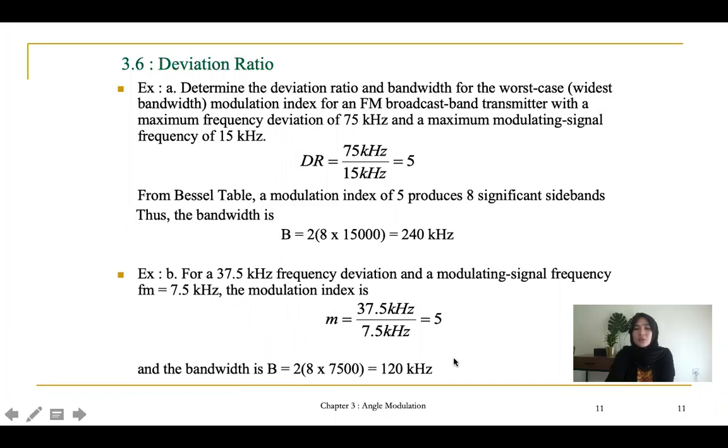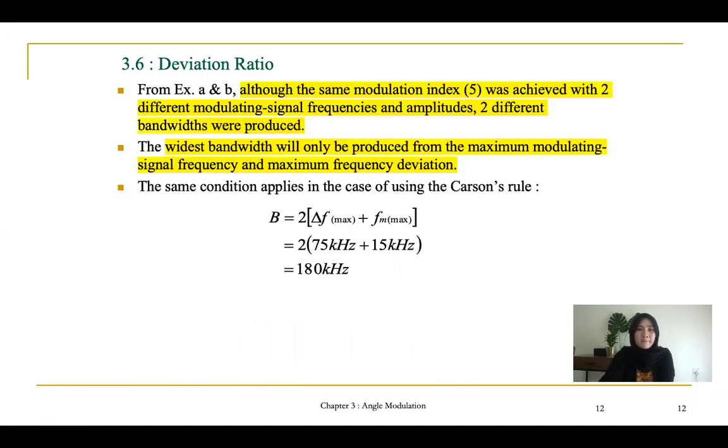Example B is not the worst case scenario, so the bandwidth is 120 kilohertz. This is what I explained before: although the same modulation index was achieved with two different modulating signal frequencies and amplitudes, two different bandwidths were produced. The widest bandwidth will only be produced from the maximum modulating signal frequency and maximum frequency deviation.